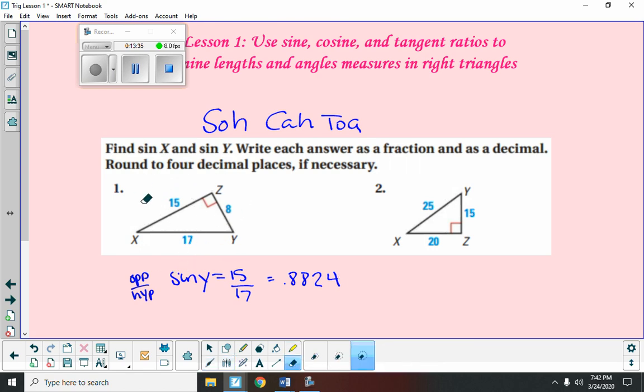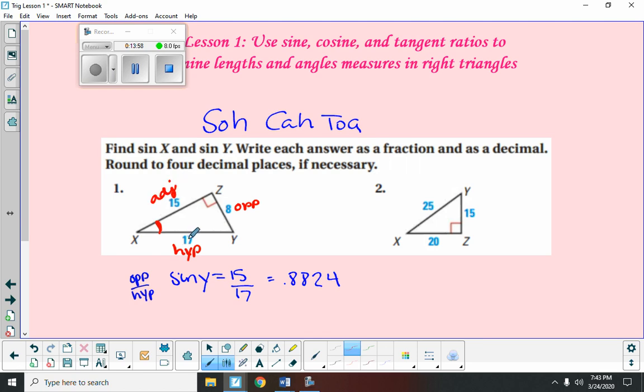Now let's say we want to find the sine of x. We'll use another color. See, that was the sine of y. We're going to do the sine of x now. So now we'll label. This is the opposite. Here is the hypotenuse. And here is the adjacent.